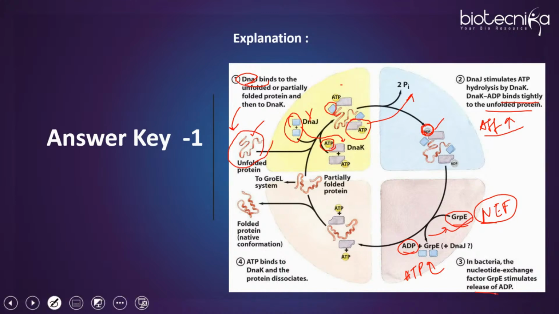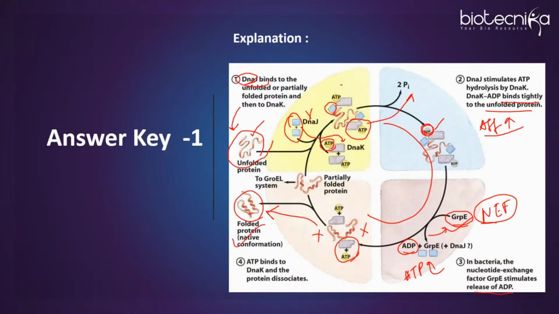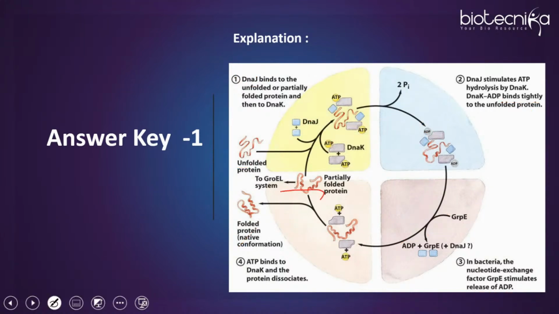It stimulates the release of ADP. Once again, ATP is bound to DNA K, it loses the affinity for the protein, and that's how the protein is released. In this entire process, there is a chance that they will fold up. If they fold up, well and good, native conformation. If they don't fold up, then they go into another chaperonin system, which is GroEL and GroES.